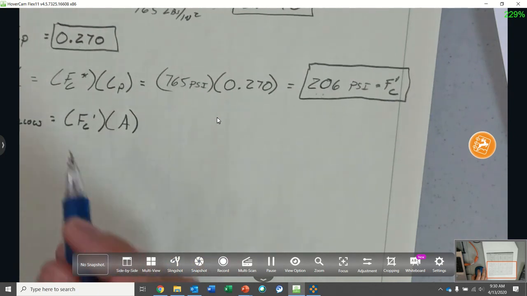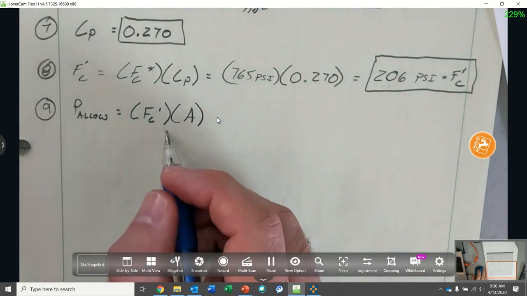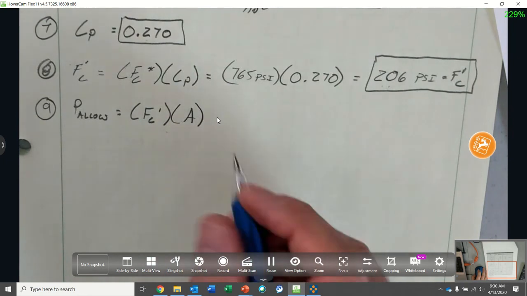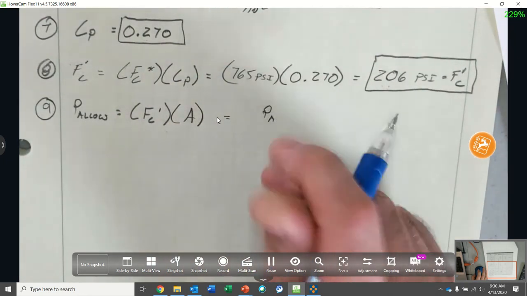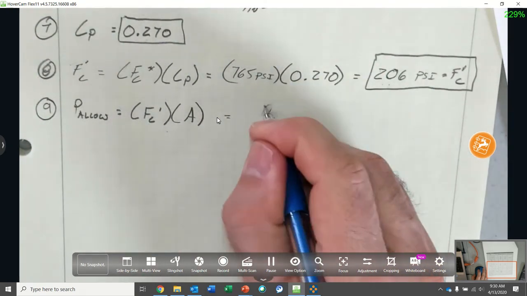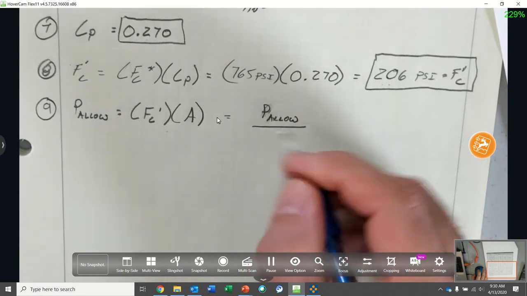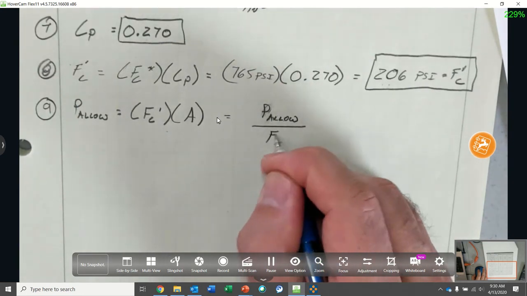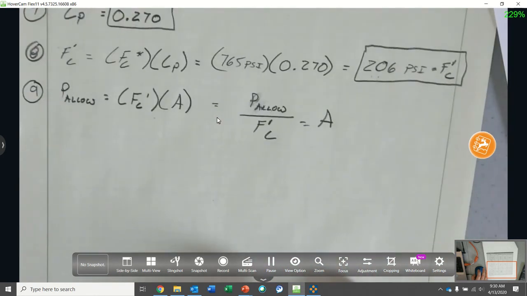So now knowing that, can I rearrange this equation to find my area? Absolutely. P allow, or P whatever it is, divided by F prime C equals area.